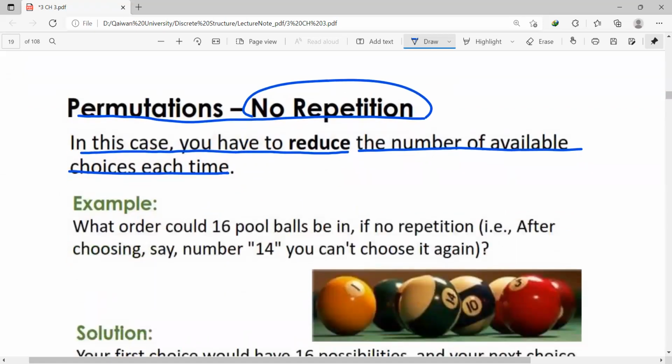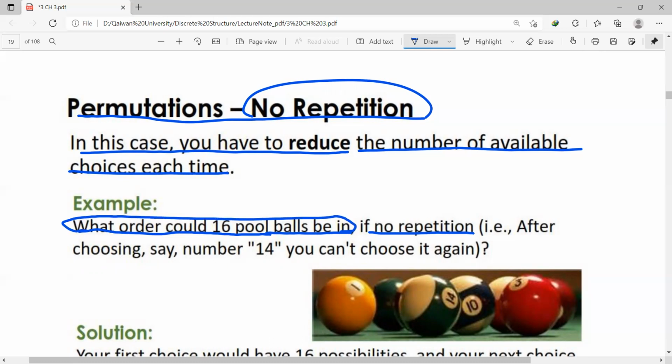Okay, here we have an example. What order could 16 pool balls be in if no repetition is allowed? Here we have 16 pool balls. In how many ways can we order them?